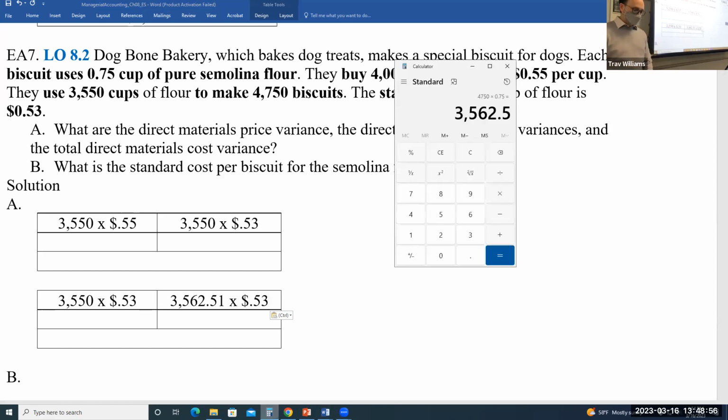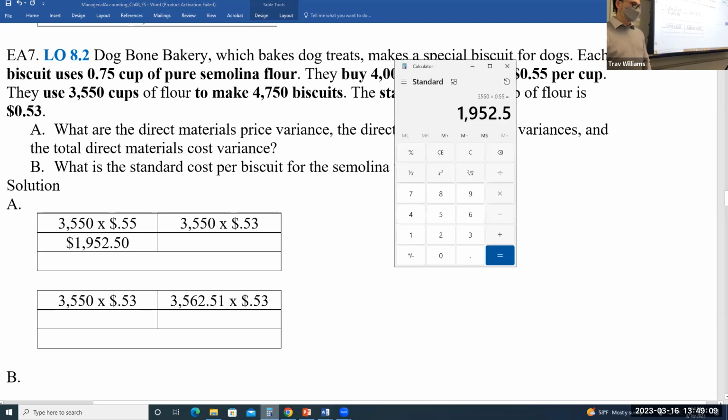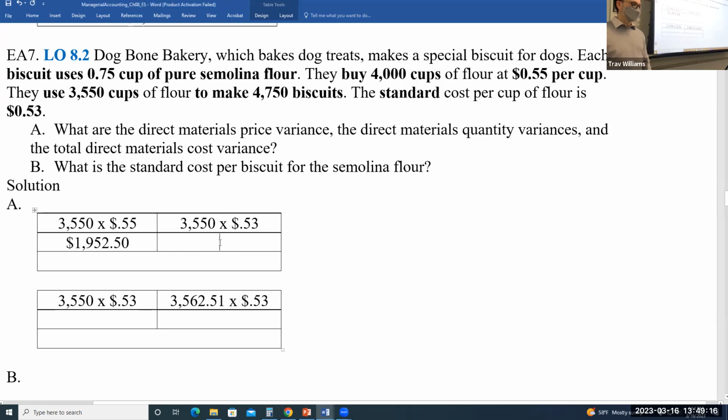So let's go ahead and start. 3,550 times 55 cents gives us 1,952.50. And on the right side, 3,550 times 53 cents, 1,881.50.